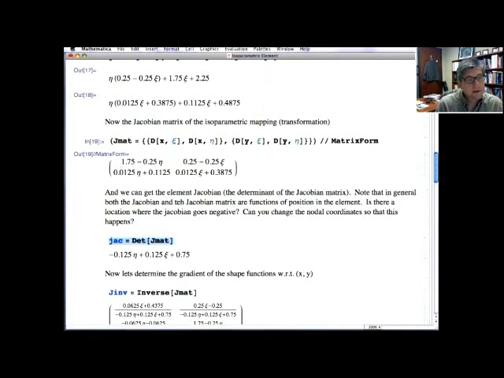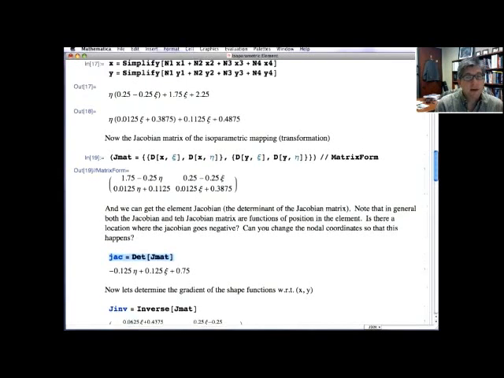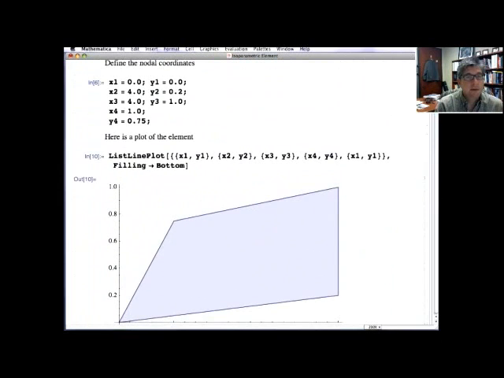From looking at this, you can see that nowhere in this element can the Jacobian go negative, because even if you set eta to 1 to make this as negative as possible, and psi to -1 to make this as negative as possible, it is still only minus 0.25 off of 0.75. So that's going to be problematic. Now let's go back and really distort the element.